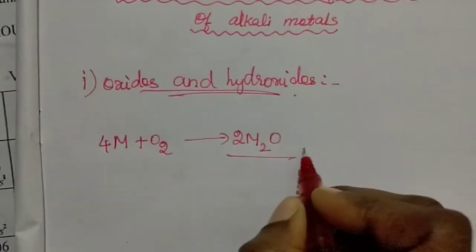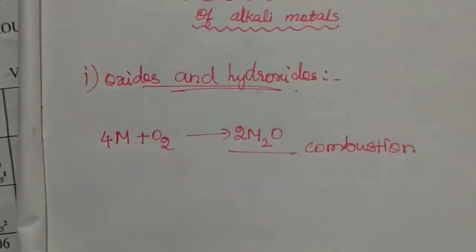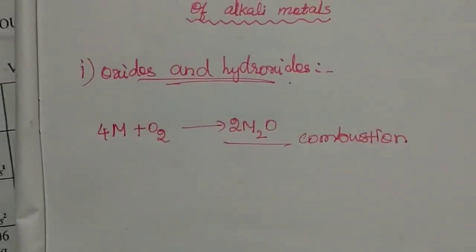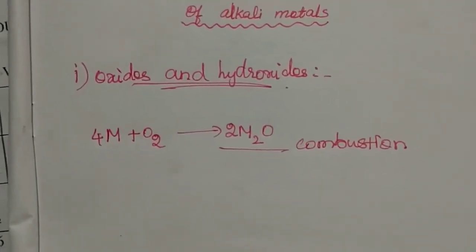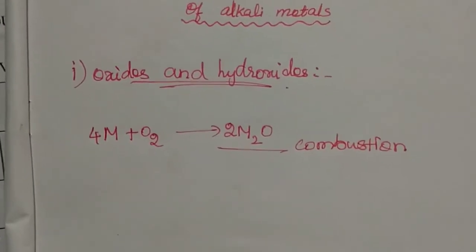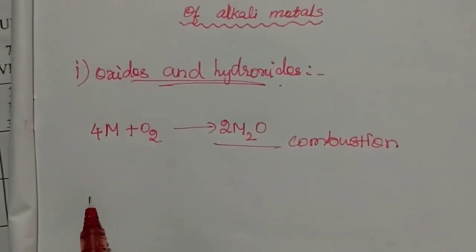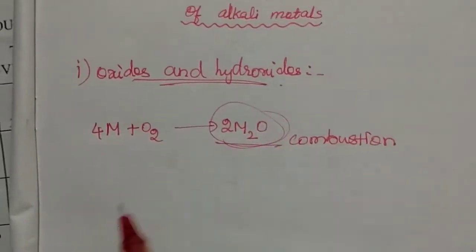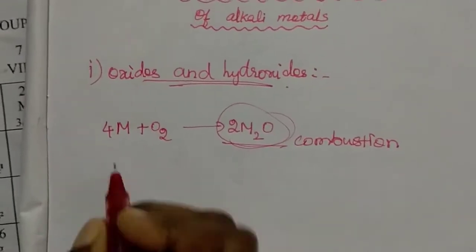This process is known as the combustion process. The combustion process is an explosive process, and when we treat alkali metals with oxygen, they form metal oxides. Then reacting the resultant metal oxide with water, they result in hydroxides.